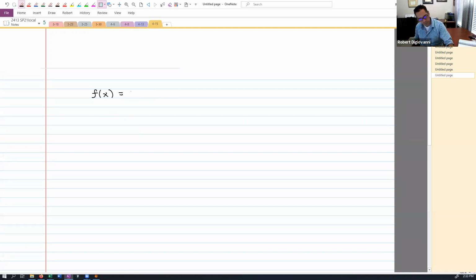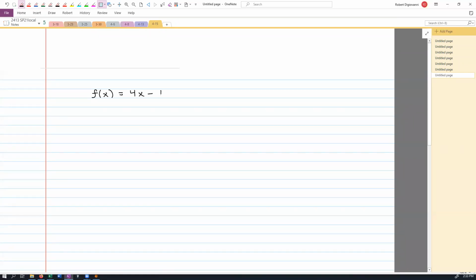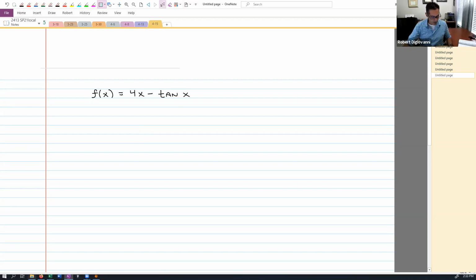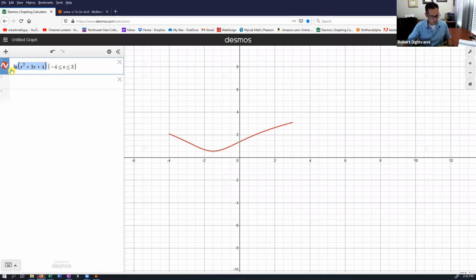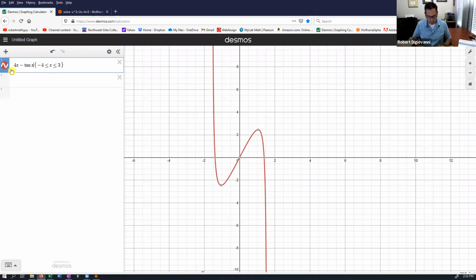How about this one? 4x minus tangent x. And let me graph it so I can give you a good interval. 4x minus tangent x. And let's go from negative pi over 3.